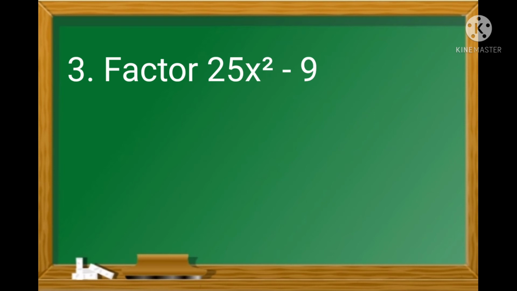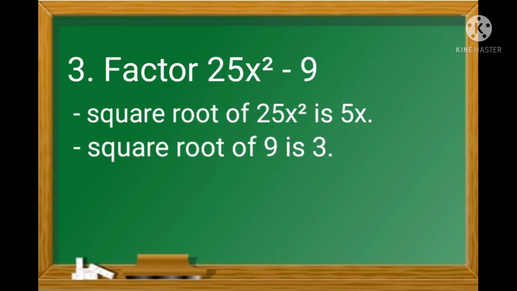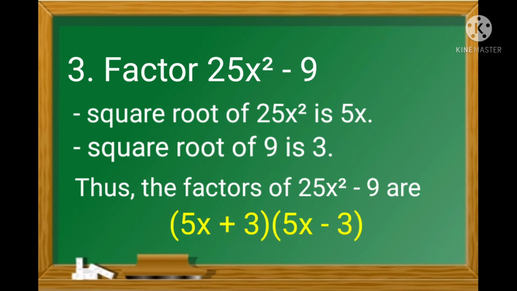To factor 25x squared minus 9, we will get the square root of 25x squared and 9. The square root of 25x squared is 5x and the square root of 9 is 3. Therefore, the factors of 25x squared minus 9 are the quantity (5x + 3) and (5x - 3).